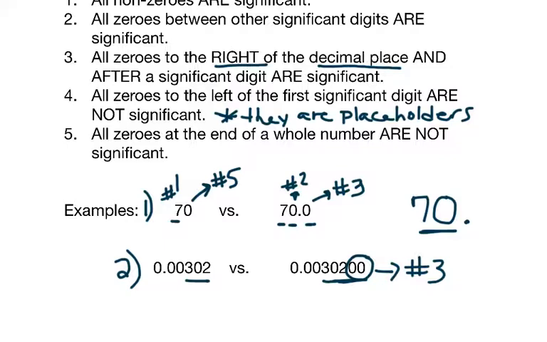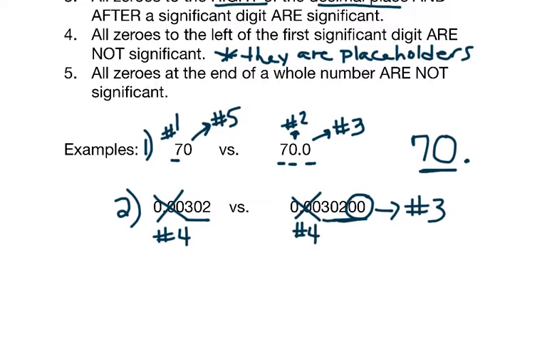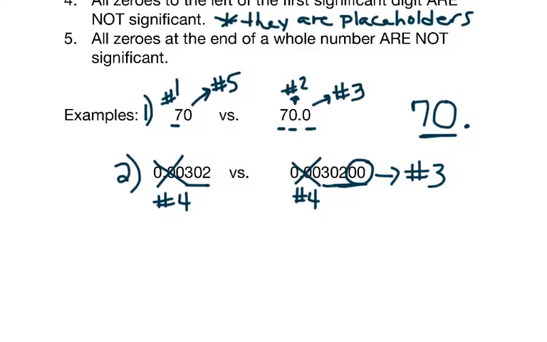Now, the zeros on the left of both numbers are not significant because of rule number 4. They are considered placeholders, and what that means is that they're just hanging out in a spot, letting you know what place value your significant digits are in.